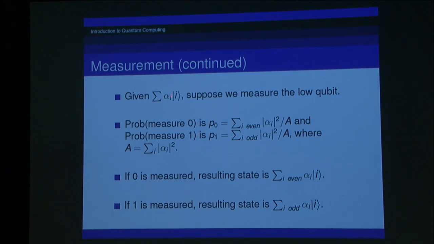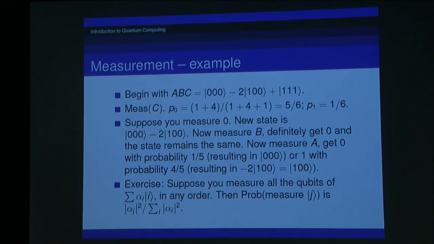Specifically, you take the L2 norm, or the sum of squares, and normalize it so that the probabilities sum to 1. And that's the probability you'll measure a 0 or 1. If a 0 is measured, then the state collapses to everything consistent with the 0 measurement. So now your sum consists only of the even integers, and the odd integers just vanished, and likewise if 1 is measured.